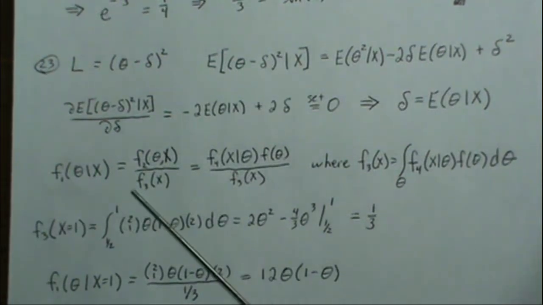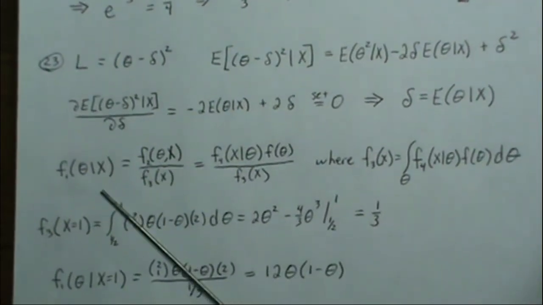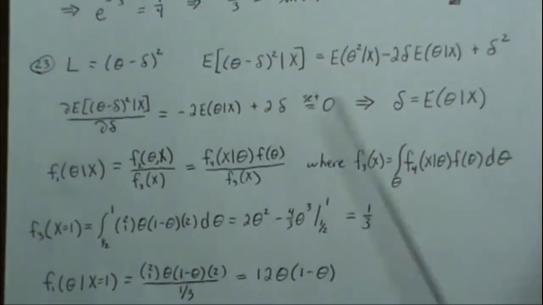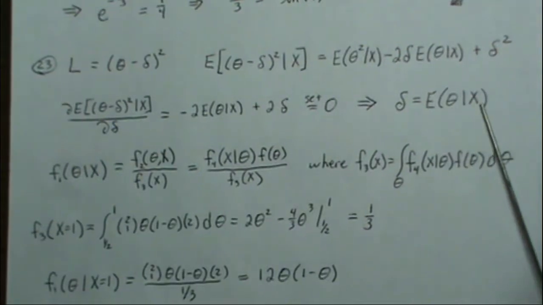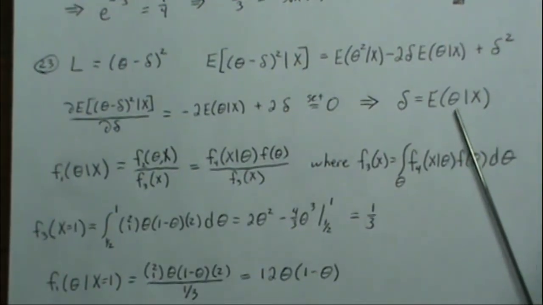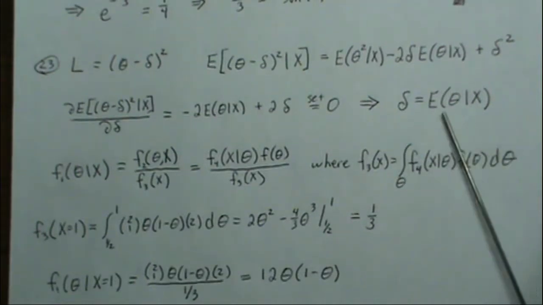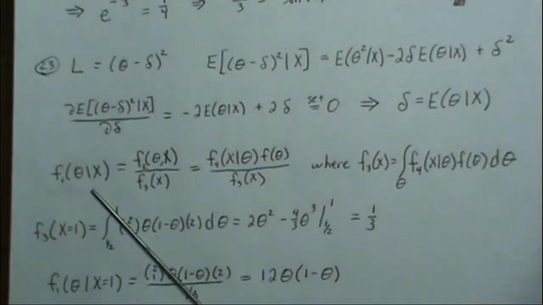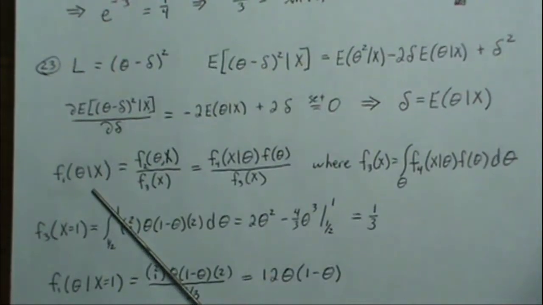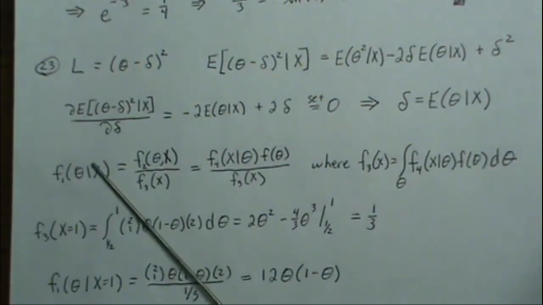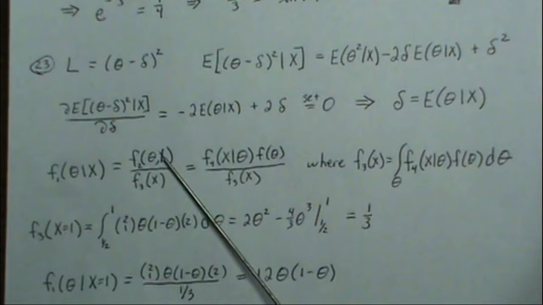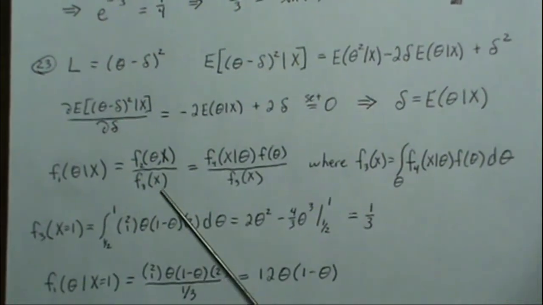So now let's start plugging in and finding the distribution. So here, the expected value of theta given x. So we need to find f of theta given x and then find the mean of it. So here is theta given x, and then since that's a conditional, we can write it as the joint divided by f of x.